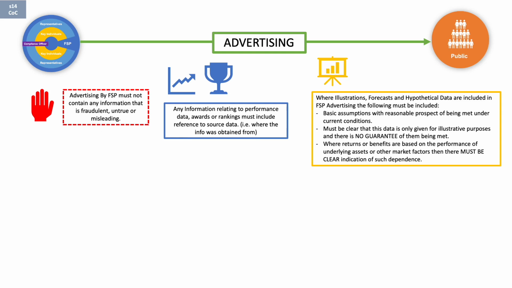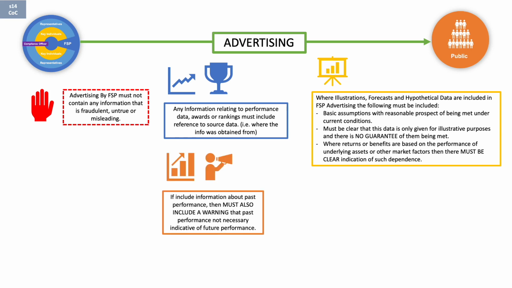Where returns or benefits are based on the performance of underlying assets or other market factors, then there must be clear indication of such dependency. If the advertisement includes information about past performance, then the advertisement must also include a warning that past performance is not necessarily indicative of future performance.